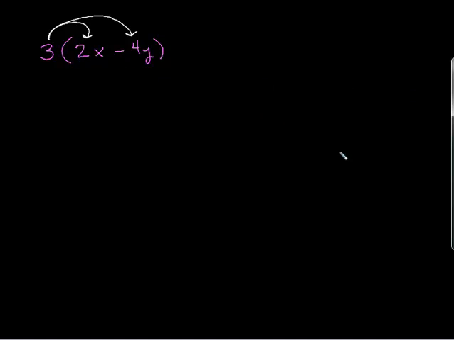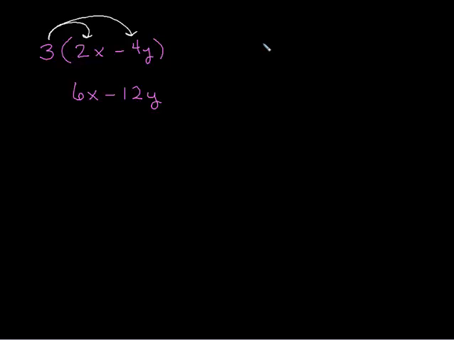For example, if I have 3 times (2x minus 4y), I'm going to do 3 times 2x and 3 times 4y. What this will give me is 3 times 2, which is 6, so 6x, and then 3 times 4, which is 12, so 6x minus 12y.